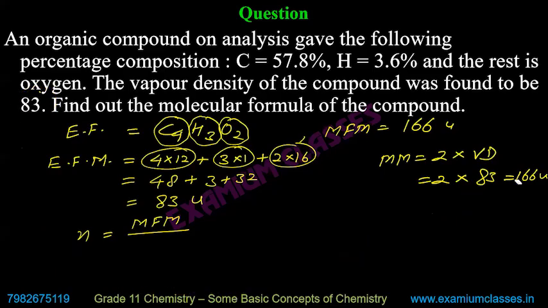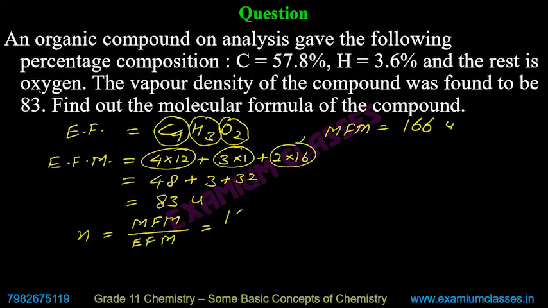Yes. You need to remember that formula. So the factor by which the empirical formula needs to be multiplied to get the molecular formula will be molecular formula mass divided by empirical formula mass, that is 166 divided by 83, that is 2.